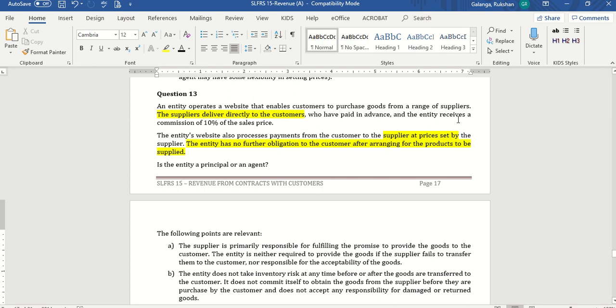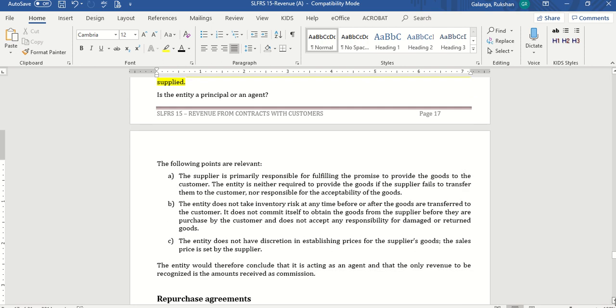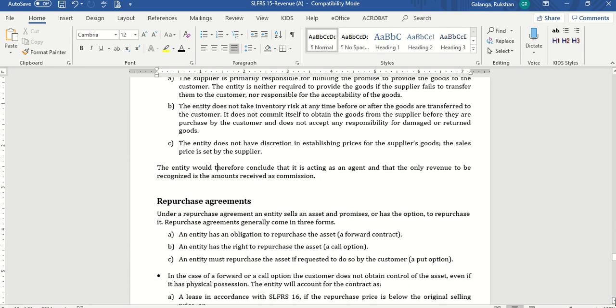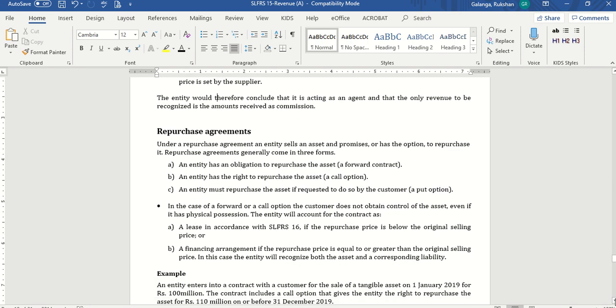So the supplier, not the entity, has the obligation to deliver the goods to the customer, the supplier has the risk of the inventory, and also the supplier is the one who sets the prices. So the entity can't do anything, so the entity works as the agent. So the entity can't recognize the revenue, it should recognize the commission it gets from this transaction, right?